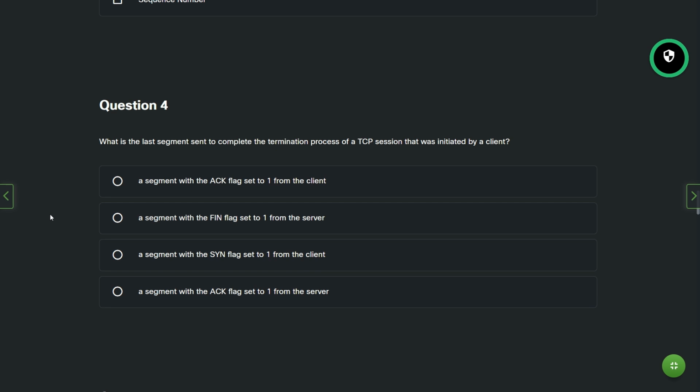What is the last segment sent to complete the termination process of a TCP session that was initiated by a client? Repeat, what is the last segment sent to complete the termination process of a TCP session that was initiated by the client?